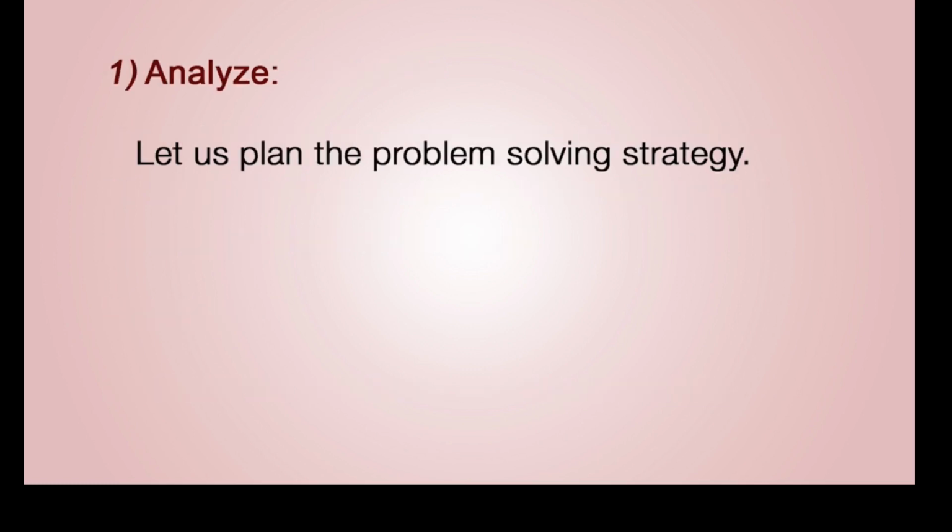So we start by analyzing the problem before solving it. Let's start by listing the known variables and the unknown variable. For the known variables, we have force of 150 newtons and distance of 5 meters. We have work done, which is the unknown variable.